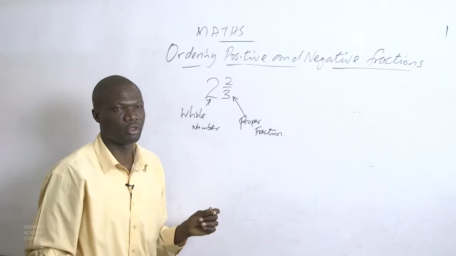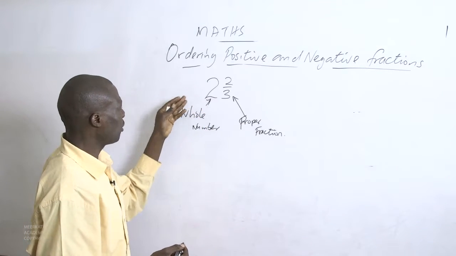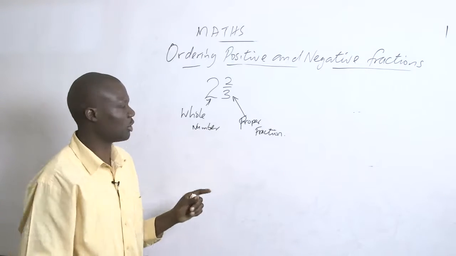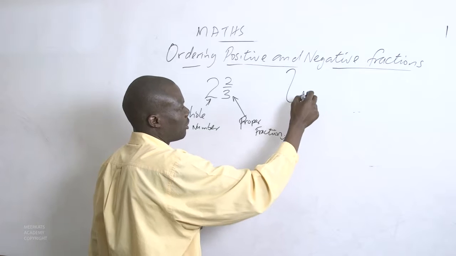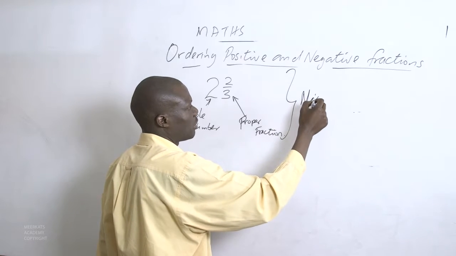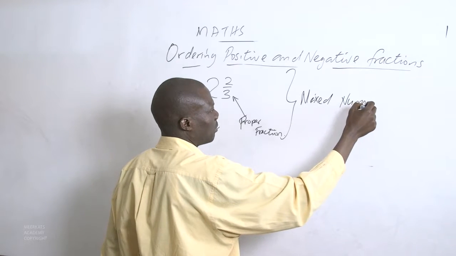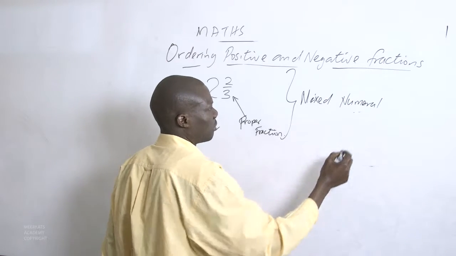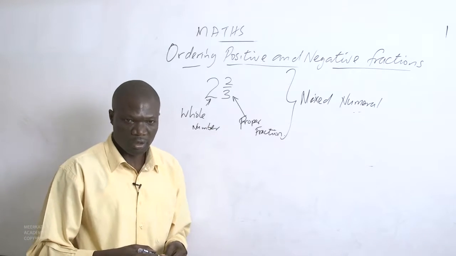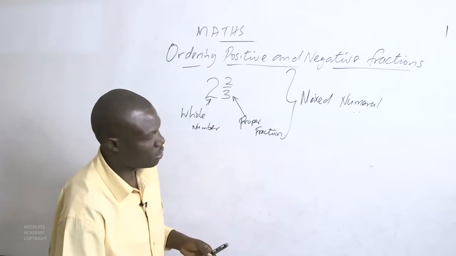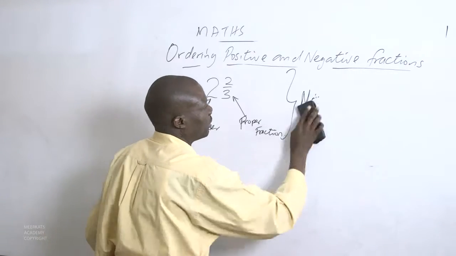So we normally have two areas, a whole number and a proper fraction. The two of them together make what we call a mixed numeral. And this can be converted into the other.